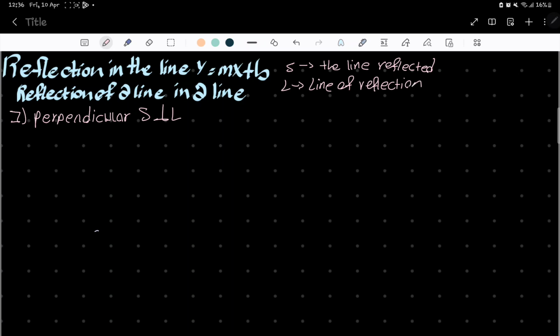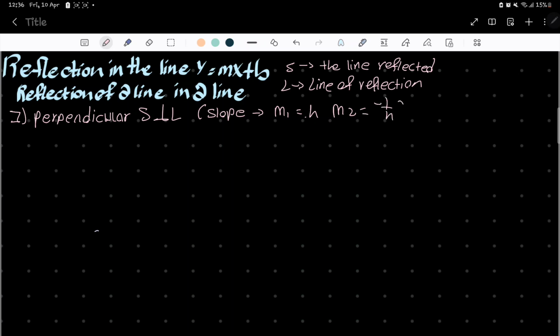When we look at this, if the two lines are perpendicular, then we know that if m1 equals, for example, h, then m2 is going to equal negative 1 over h.